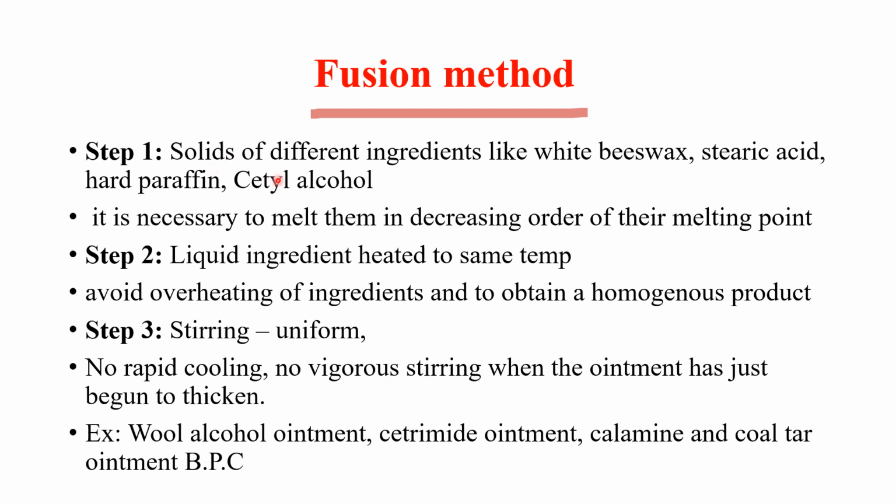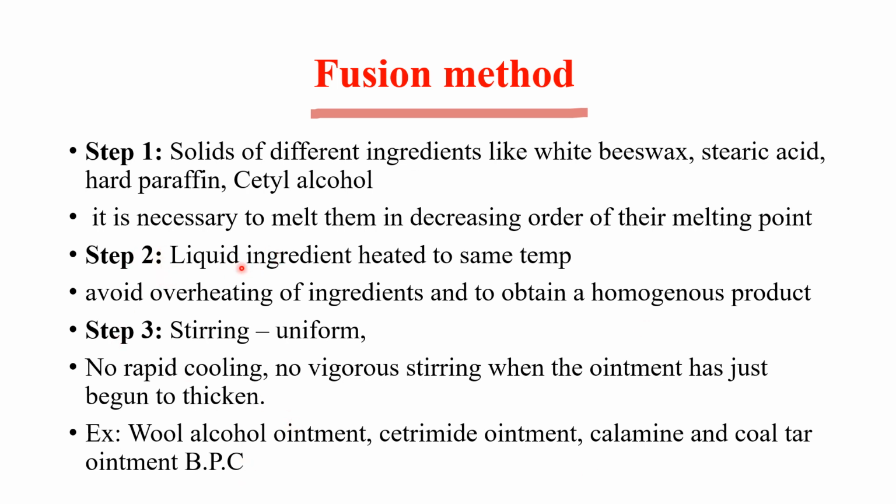Step 1: the solids of different ointment bases or ingredients like white beeswax, stearic acid, hard paraffin and cetyl alcohol are taken and melted in descending order of their melting point. In another beaker or container, take all the liquid ingredients and heat to the same temperature as you are heating the solid bases.